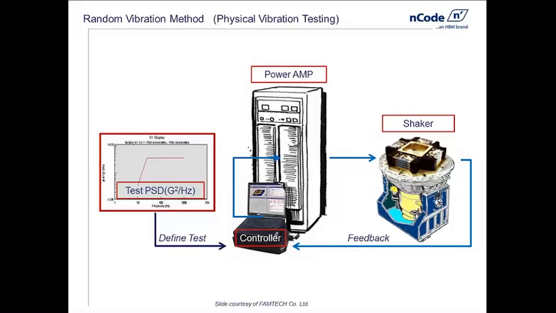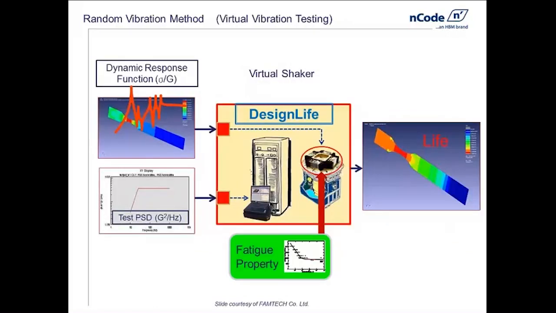We can use DesignLife to do that virtually. So exactly the same simulation that we saw on electrodynamic shaker table, but using DesignLife as a virtual shaker table. And to do that, we bring in the results from a final analysis that's basically steady-state dynamics or harmonic analysis.